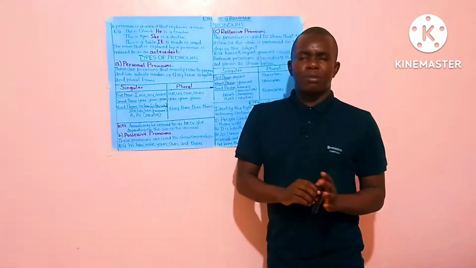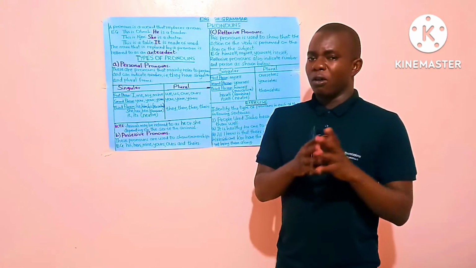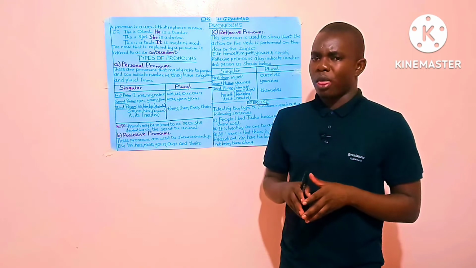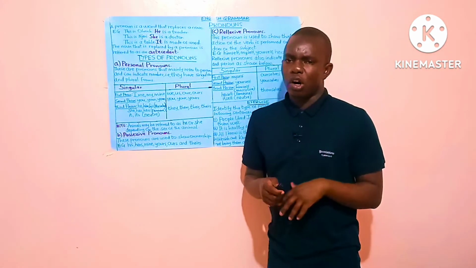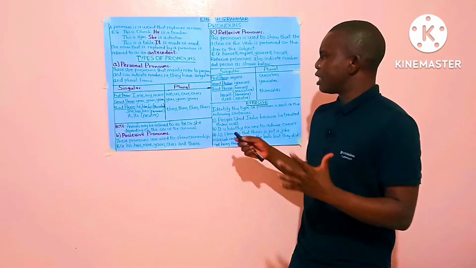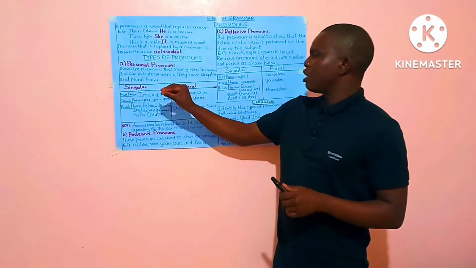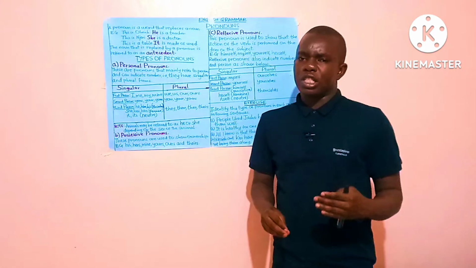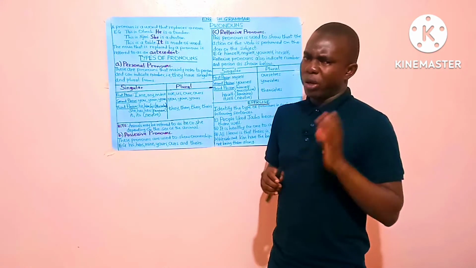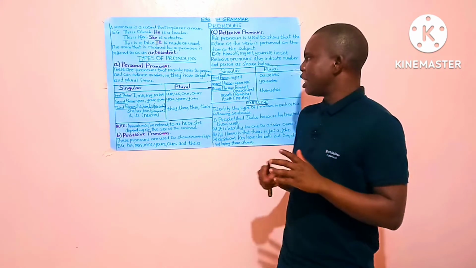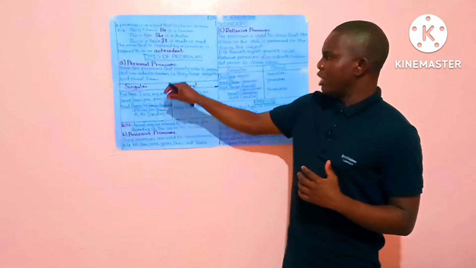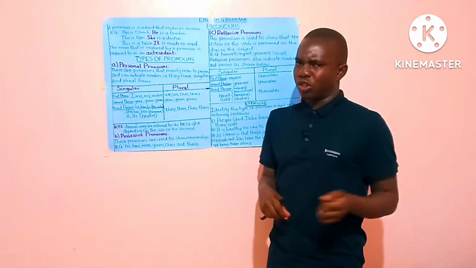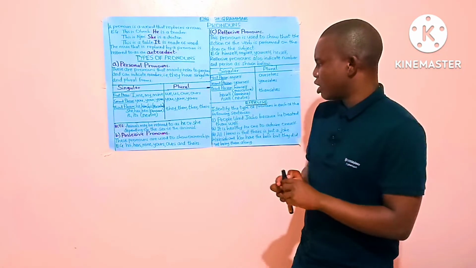The second type of pronouns we have is possessive pronouns. And these pronouns are used to show ownership. In our previous table, there are possessive pronouns that we were able to see in the various columns of the table that came after the discussion on personal pronouns.